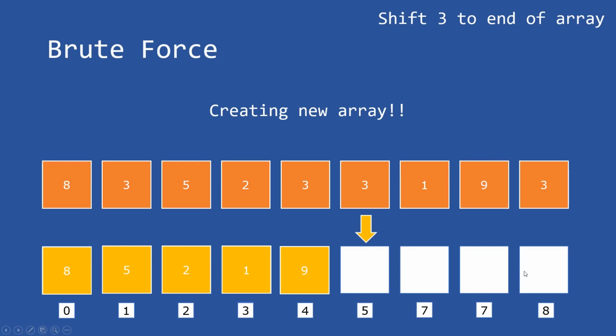So 1, 2, 3, 4. And in this original array, there are exactly 4 threes. 1, 2, 3, 4. So what you need to do is start from this position till the end of the array and fill all those spaces with 3. So let's do that.